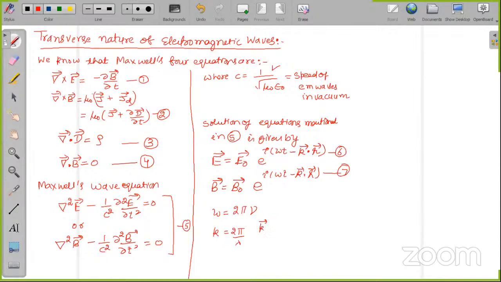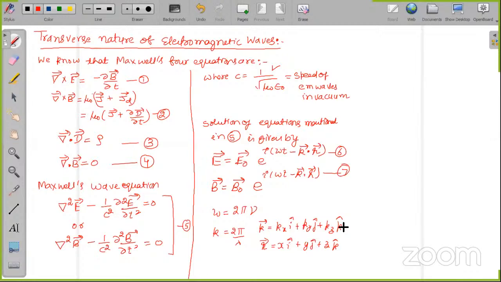K vector is also given by what? Kx i cap plus ky j cap plus kz k cap. And what is r vector? R vector is equal to x i cap plus y j cap plus z k cap.